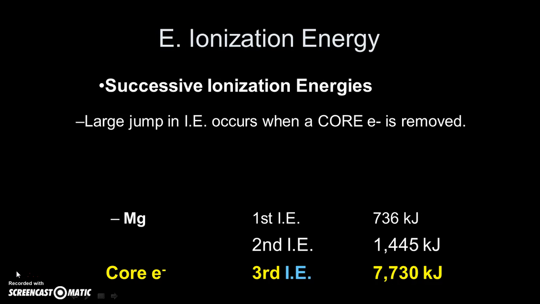Magnesium wants to be like neon in terms of its electrons. And in order to be like neon, magnesium has to give up 2 electrons, which it'll do. But then that third electron is going to require a lot of energy to take out, and usually it doesn't lose that third one, because at that time it's got a full energy level. It has 8 valence electrons.